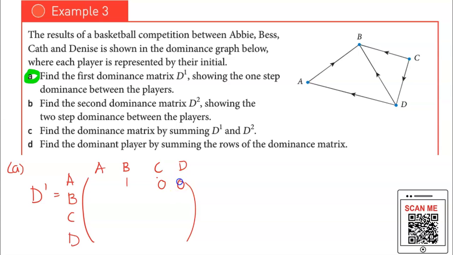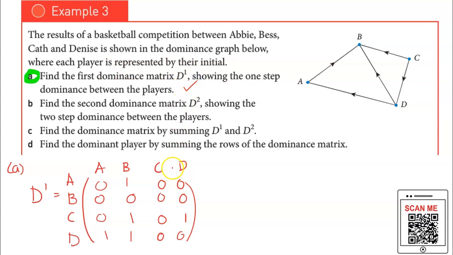The rest will be 0. And B has no win. That's why B is 0 all the way. And C wins 2 times, which is B and D. The rest will be 0. And D, just now you said, wins 2 times, which is B and A. The rest will be 0. So I'm done with the first dominance matrix.